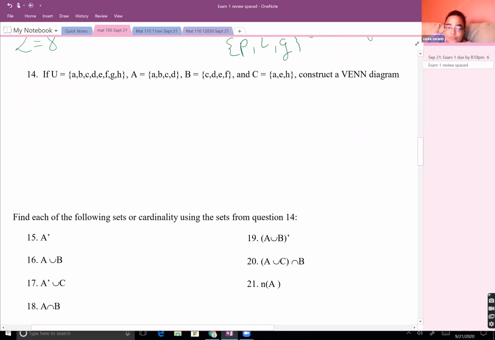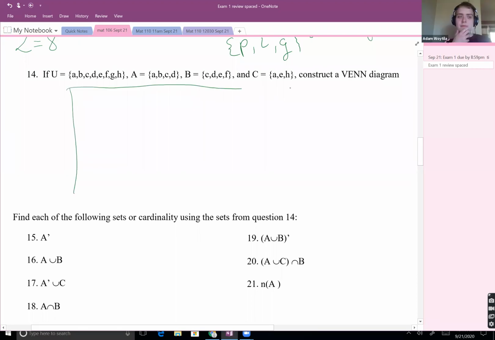On a pencil and paper test, you could draw your Venn diagram, and then use the same Venn diagram to answer a lot of different questions. In MyLabs, each of these separate questions below would be from a different group of sets.